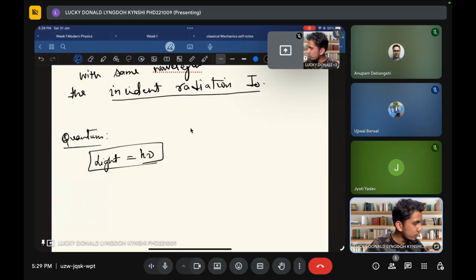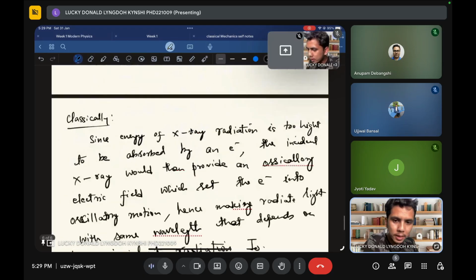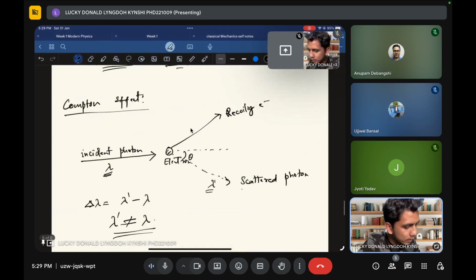If you solve these problems using conservation laws: the incident photon has a momentum p and an energy E, which is equal to h mu. The final momentum will be p prime, and the energy E prime is equal to h mu prime.